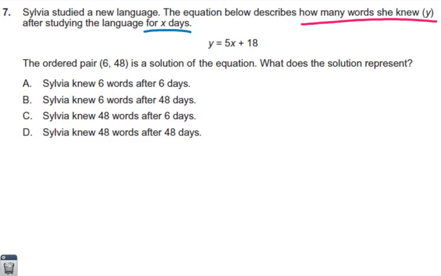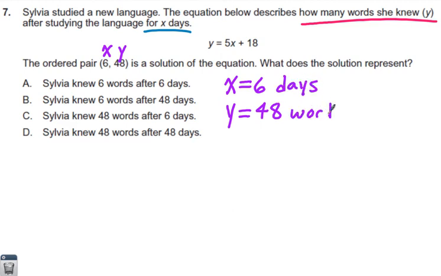So look, this is literally X and this is literally Y. And so the solution just means that X equals 6 and Y equals 48, which means what was X? X was a number of days. So it's 6 days, and the Y was how many words?